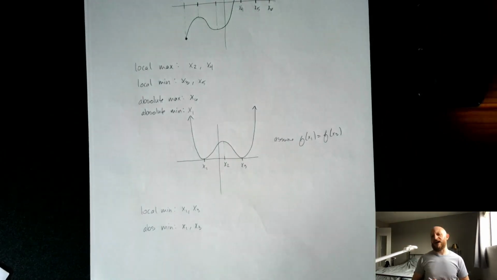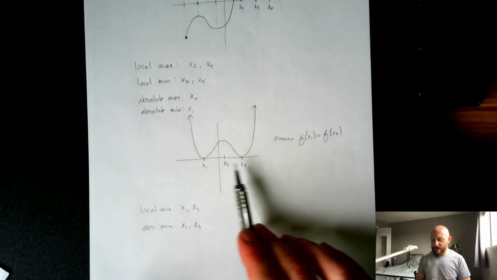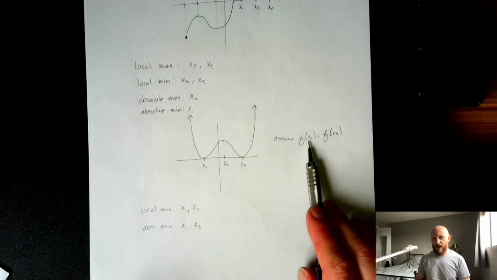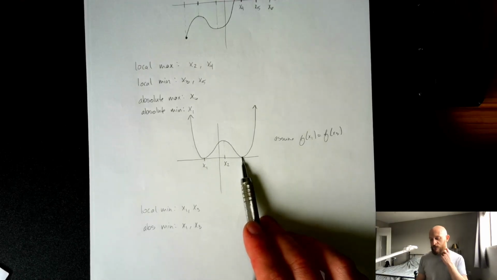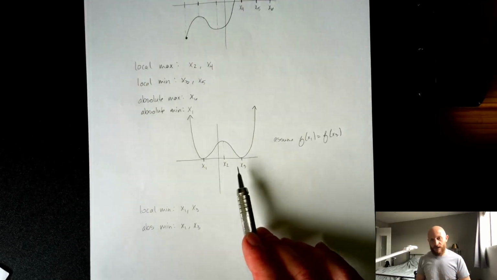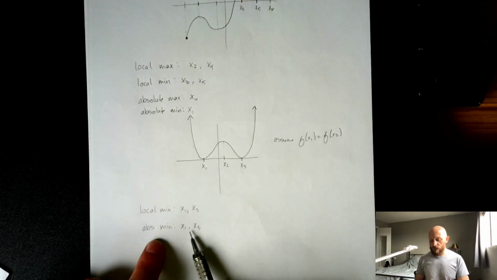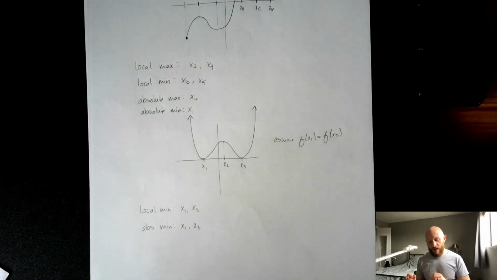What I meant by that is the value that is being achieved, not necessarily the x value. Here we have x1 and x3, and we're assuming that the value that these hit are the same. f of x1 equals f of x3. That's the lowest point. Both of those are the absolute lowest points on this graph. So those are the absolute minimums. They also happen to be the local minimums. So there can be some overlap there.